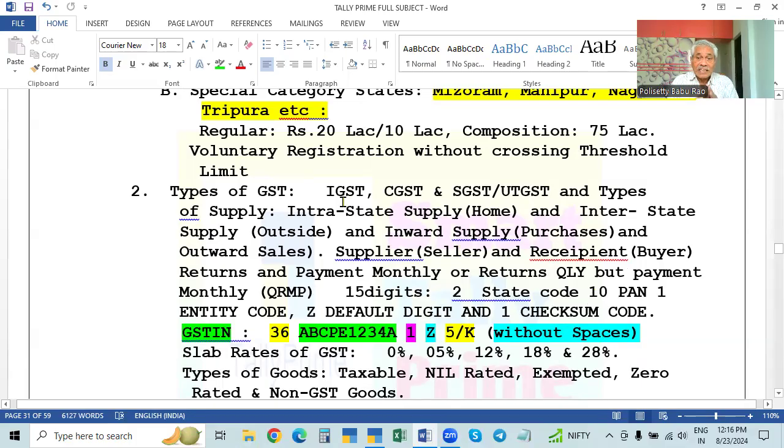For that purpose, the GST is divided into 3 types, actually 4. Out of these 2, any one will be there. So 1, 2, 3: 3 types of taxes, called the components of GST. GST contains 3 components, and out of these 3 only, we have to collect the tax.